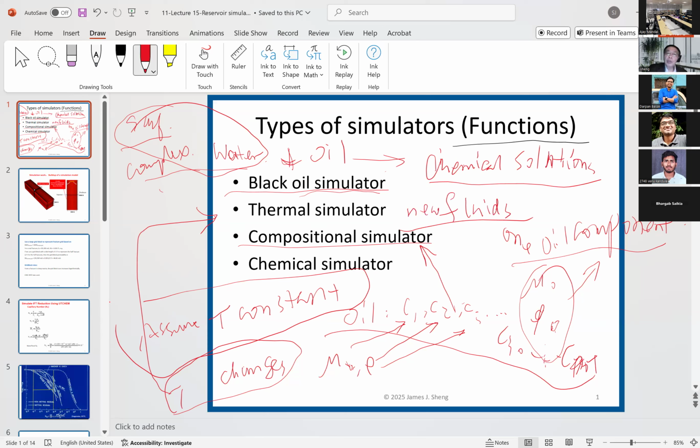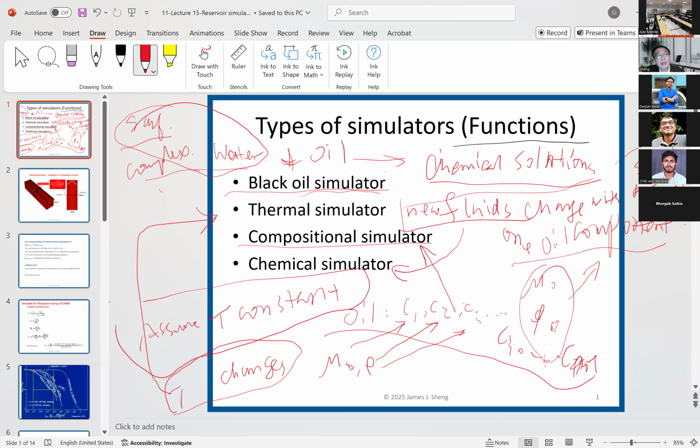How do these new fluids change with time, pressure, and especially salinity? If we consider these changes, we use a chemical simulator.